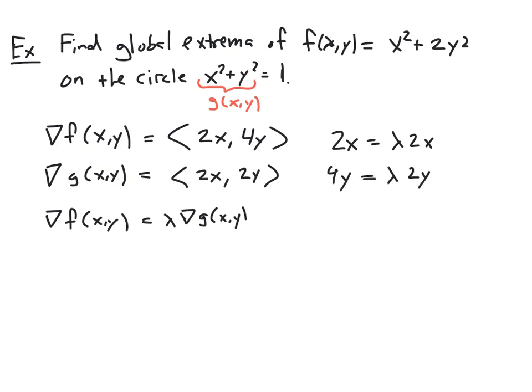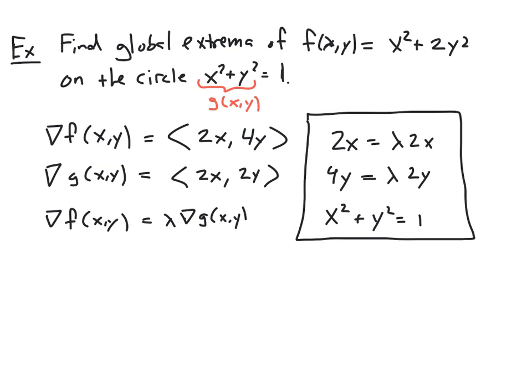So these are the 2 equations we get from our vector equation, but then we also will need the constraint equation, x squared plus y squared equals 1. Because we only want to consider those points x, y that are on the curve. And so the solution to our problem will be a solution of this system of equations.